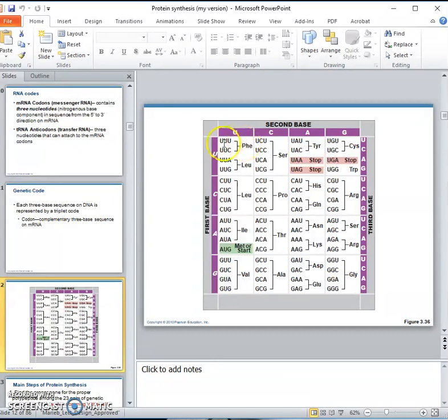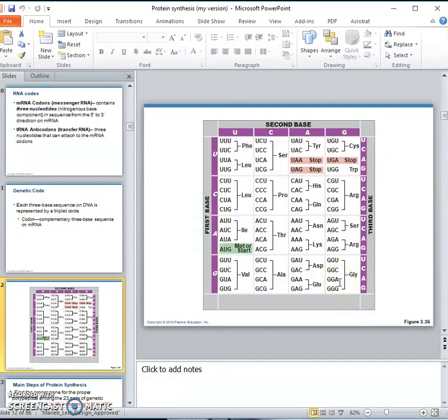But can any of those codes code for another one? No. So the statement in most books is you have redundancy, but not ambiguity. It's not ambiguous, but it is redundant. And this shows the various ones.